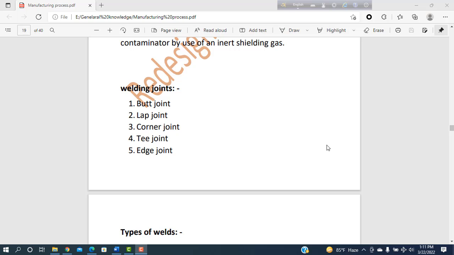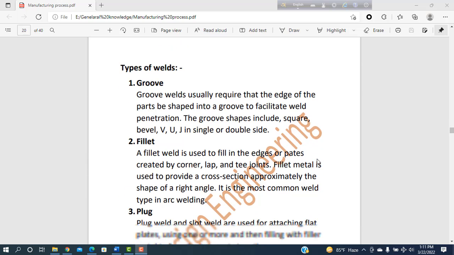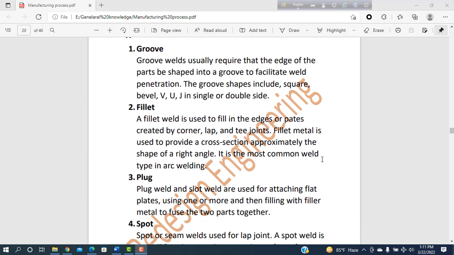Welding joints: butt joint, lap joint, corner joint, T-joint, edge joint. Types of welds. Groove welds usually require that the edges of the parts be shaped into a groove to facilitate weld penetration. The groove shapes include square, bevel, V, U, J in single or double side.